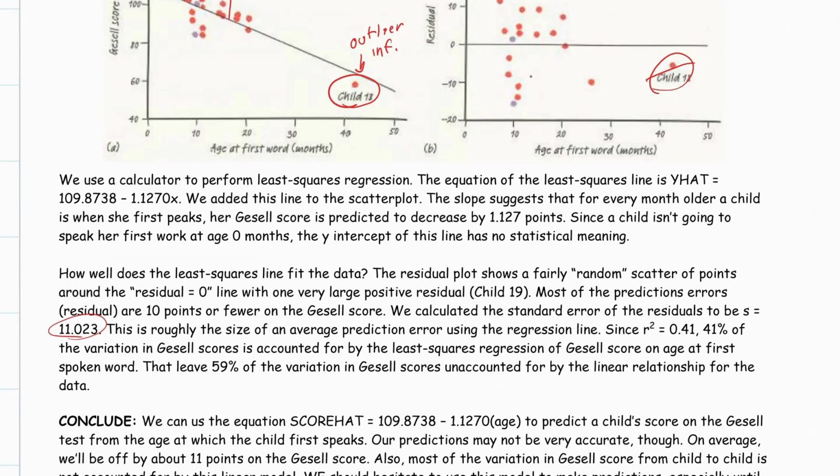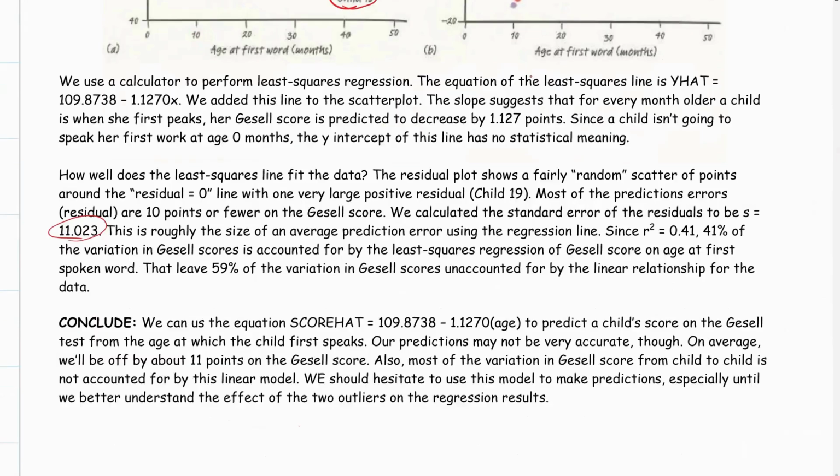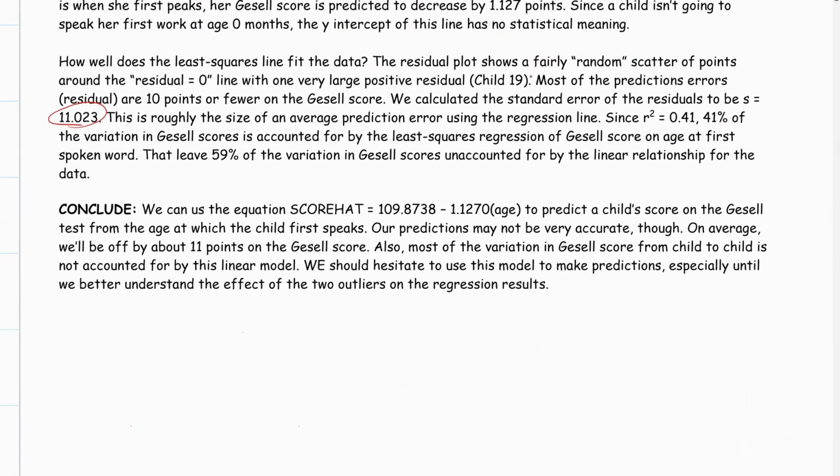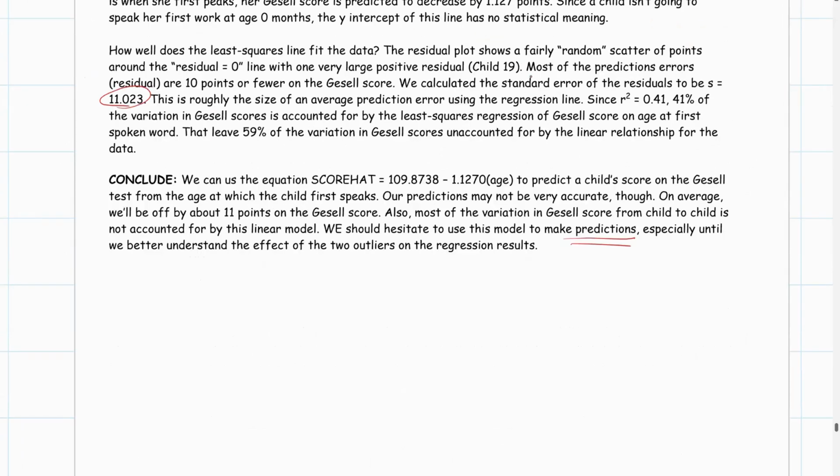We probably can get the standard deviation of the residuals, the error, down smaller if we were to remove those two outliers. So in general, we might think this is pretty good. We might hesitate making predictions because the error is so large. We may want to think of rerunning the data without those unusual kids.